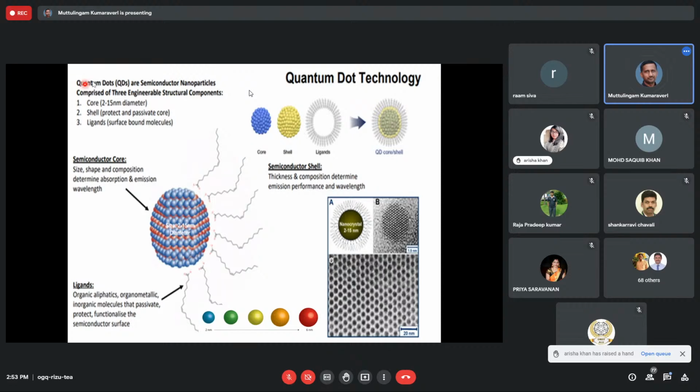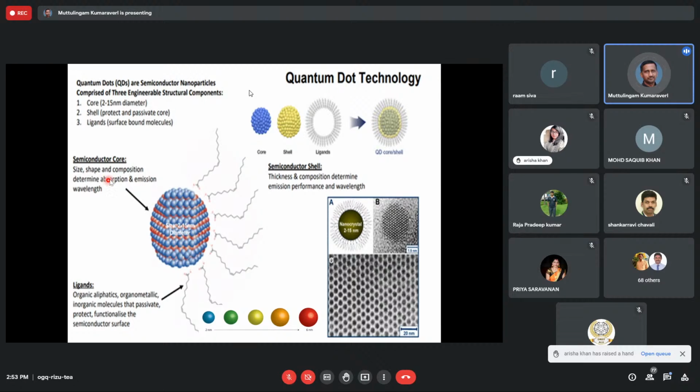If we talk about the core, the size is 2 to 15, and the shell protection we already talked about. The core's size, shape, and composition determine the absorption and emission wavelength. So when the size, shape, and composition change, it defines the absorption and emission spectra, so it really defines the color.